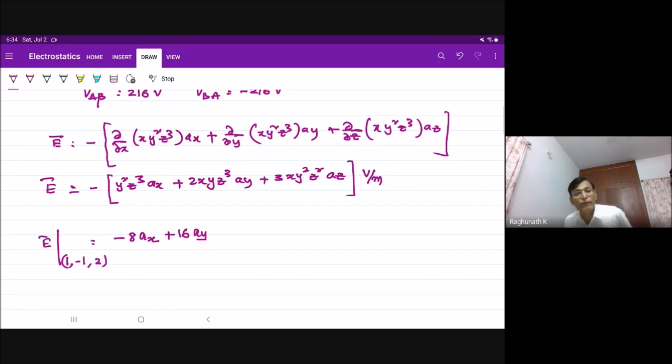Minus is there outside. Next one, minus or plus now? 3 into 1 into 1 into 4, minus 12 is it? At a point, coordinates given, it's constant. Volt per meter. Yes, it's volt per meter. So many volt per meter. The unit is also volt per meter because d by dx of V, d by dy of V each has a unit of volt per meter.